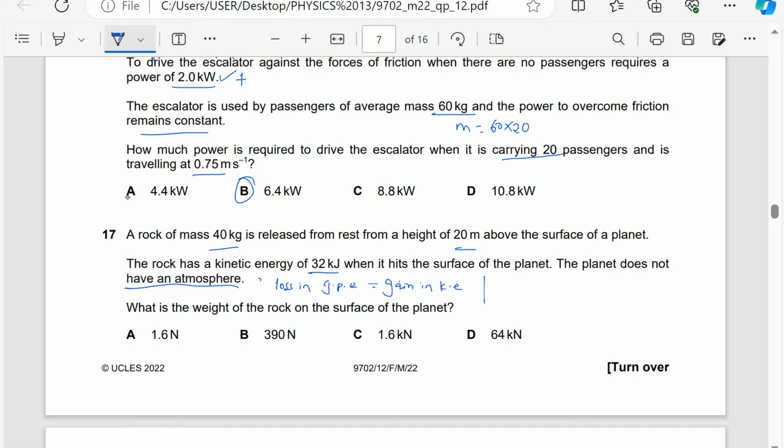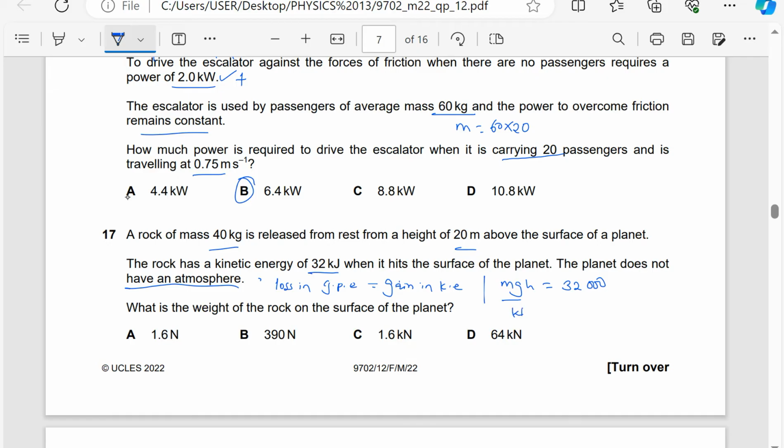So the loss in gravitational potential energy, mg times h, should be equal to the gain in kinetic energy, which is given as 32,000 joules. So mg, remember, is the weight of the rock.